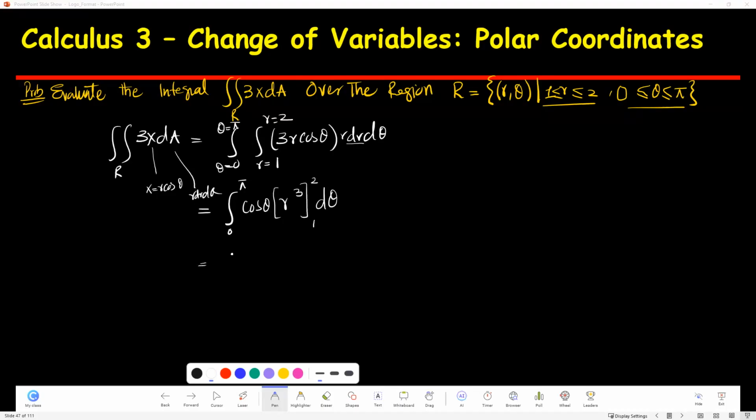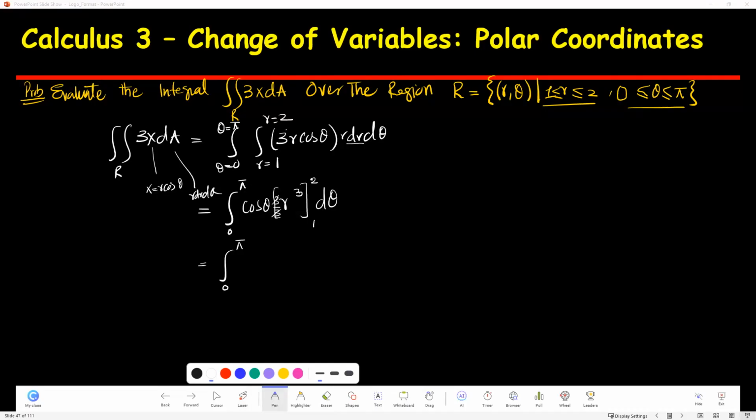Here I'm going to simplify further. 0 to pi. And by the way, this cube, this 3 is divided, cancelling out the 3. So 1 over 3 times 3, they're cancelling out. That's why it disappeared. Okay.